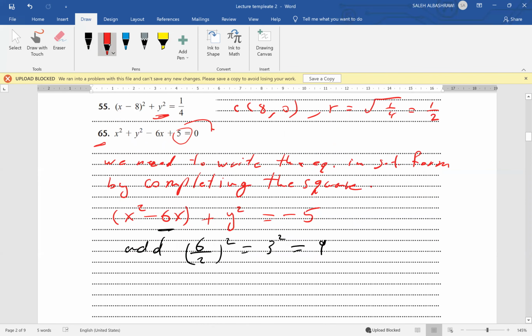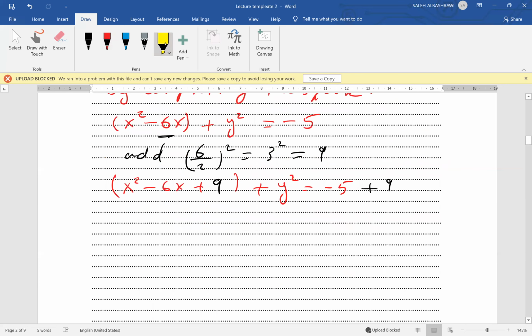So I'll have x squared minus 6x plus 9 plus y squared equal to minus 5. But since we added 9 to the left-hand side, we have to add 9 to the right-hand side. So 9 must be added to the left-hand side and right-hand side.